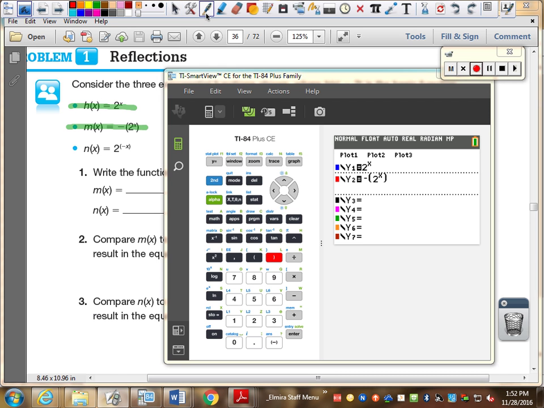The difference is that this is my original function. My new function has a negative sign. It is negating, that's a verb, negating the entire function. Let's see what that does.